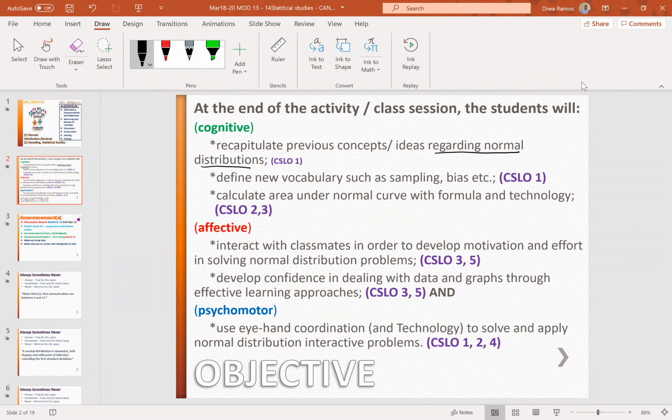There might be new vocabulary along the way, but the important thing is we'll calculate area under the normal curve, a specific amount of space of a shaded area. We'll try to see if we can apply the breakout session today as well.